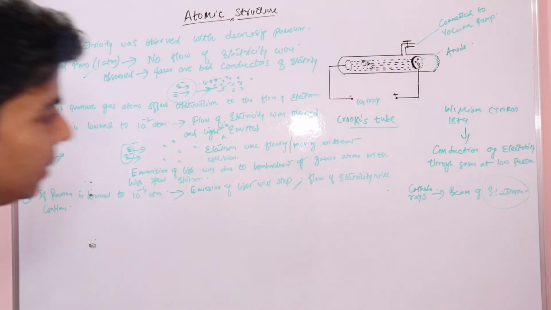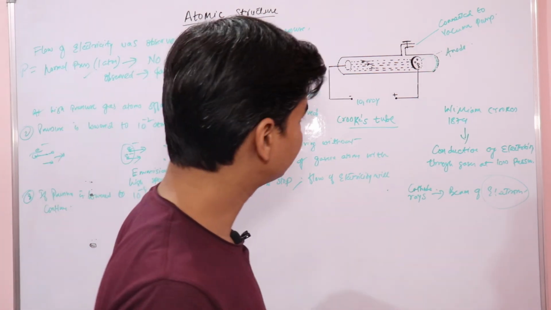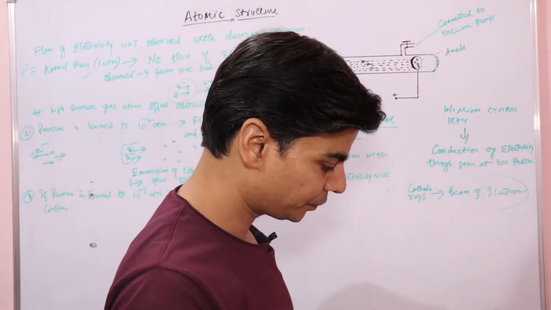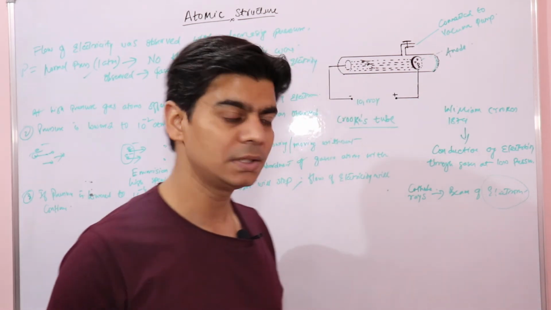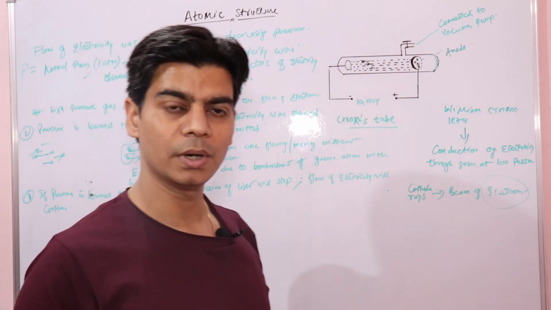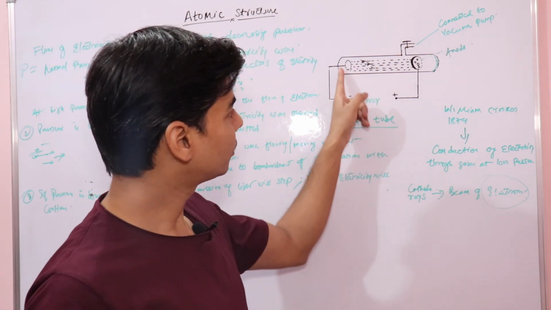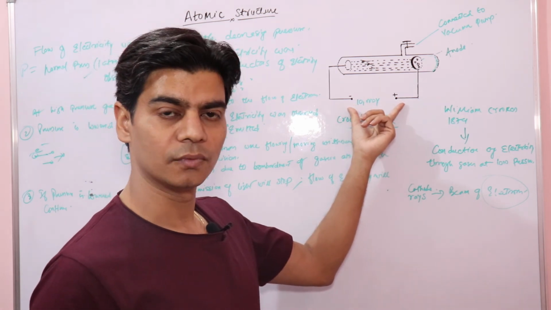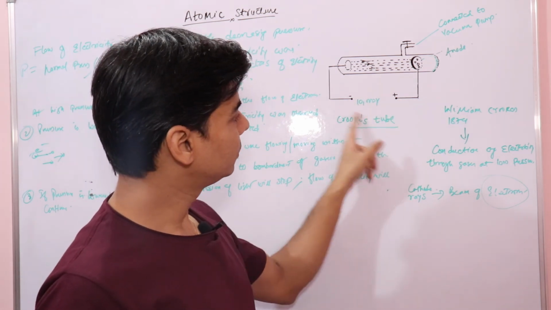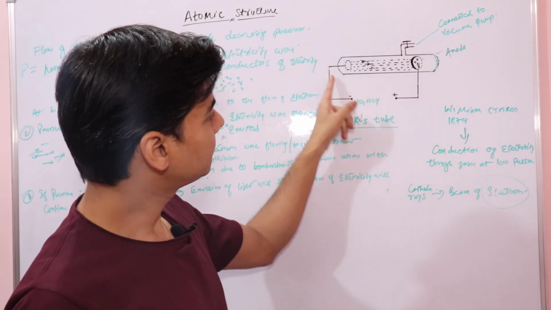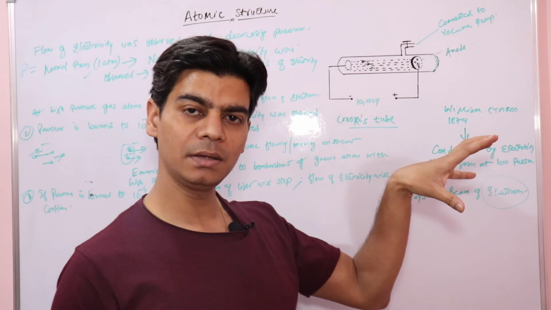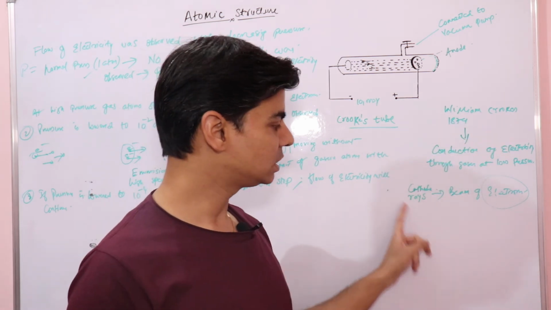And one important thing in this experiment: the flow of electricity, or the electrons, in this discharge tube are produced first from the material of the cathode when a high potential of 10,000 volts was applied across this tube. This material of the cathode started emitting electrons, which are these cathode rays.